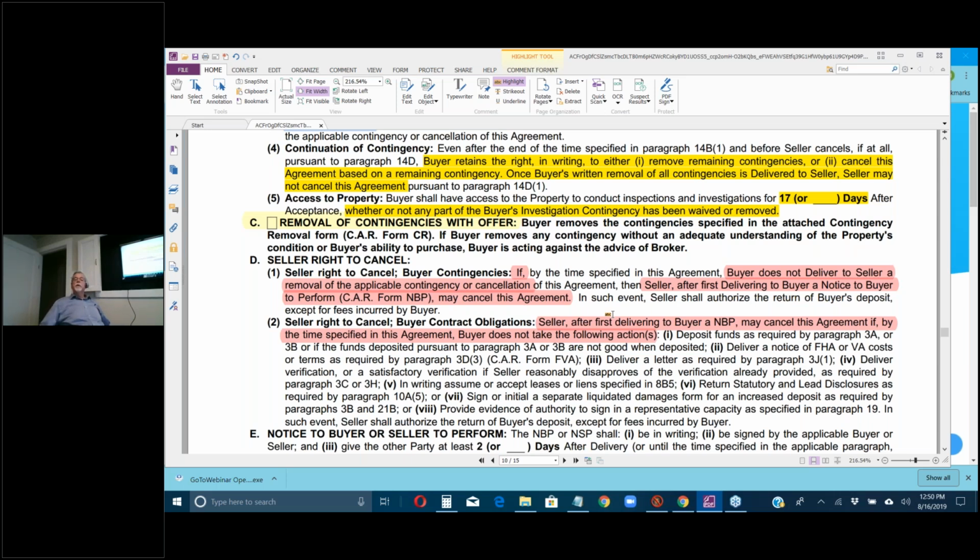We're going to spend more time on that in the other class, but the seller, after first delivering to the buyer a notice to perform, may cancel the agreement if by the time specified the buyer does not take the following actions. And then there's a long list of things that the buyer could be forced to do with the notice to perform, right? We're going to go through what the notice to perform looks like, when you would use it, all that stuff.